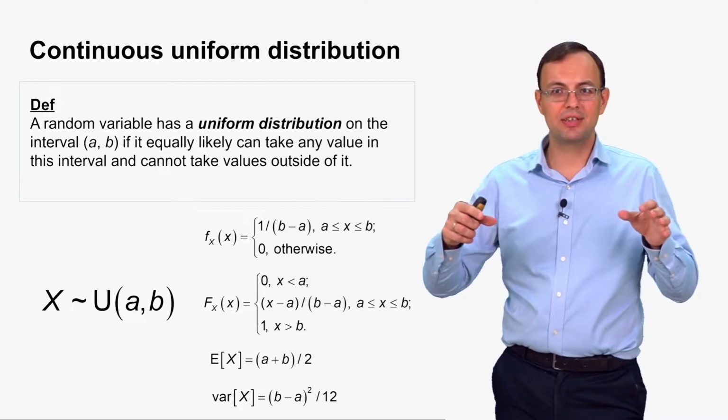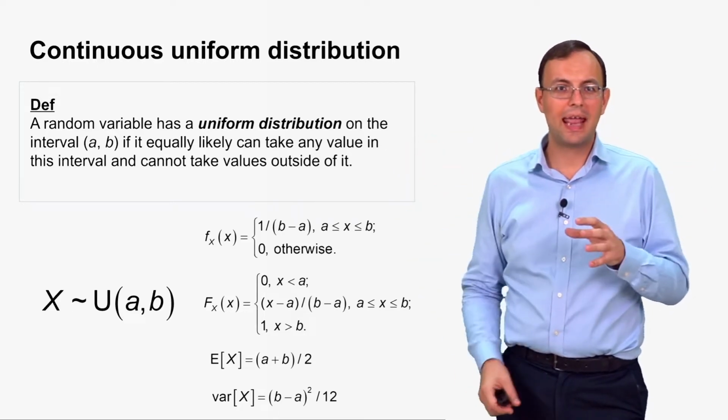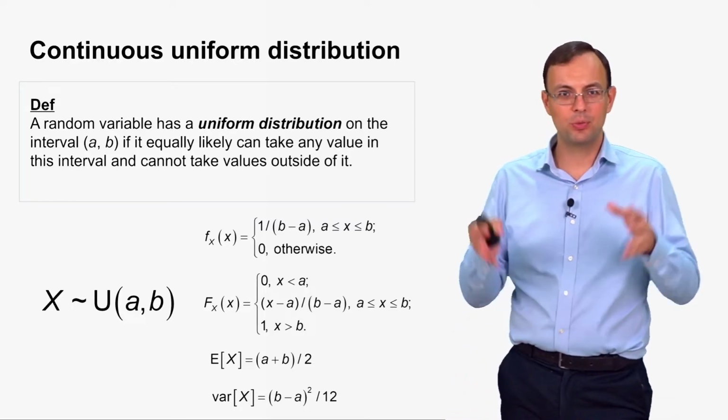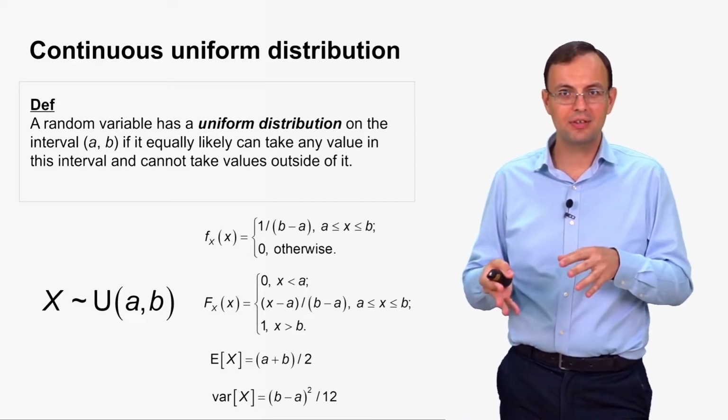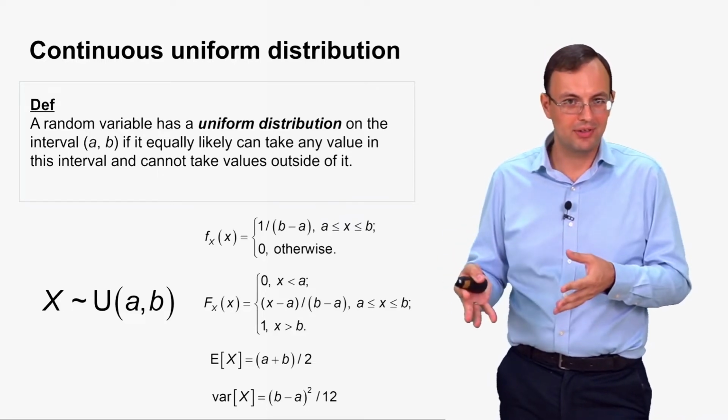Your character is passing some location, and with probability 0.3 something is to happen, and with probability 0.7 it is not to happen.